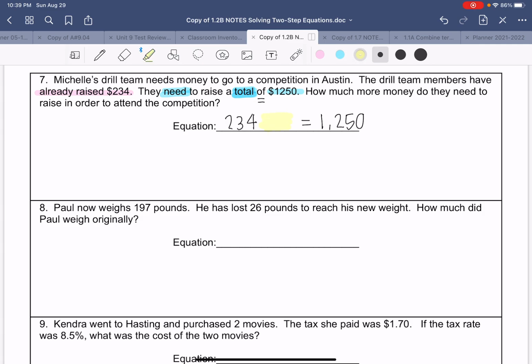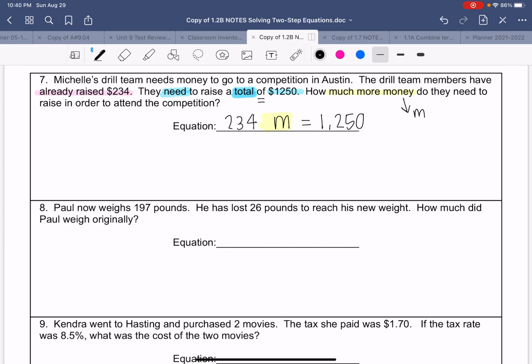It says how much more money do they need to raise in order to attend the competition? So if M stands for money, I need to know how much more of it they need. If I put M in here somewhere, I need to figure out, do I add it to the 234? Do I subtract it?